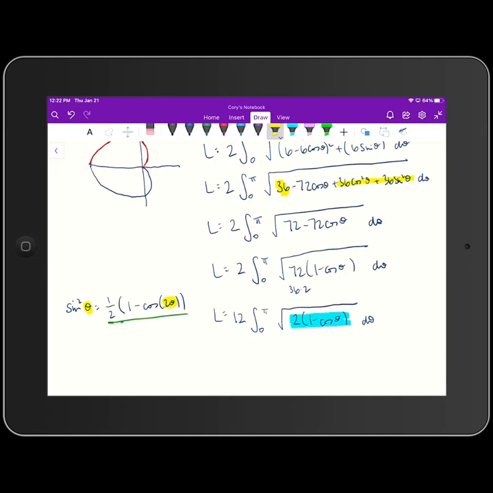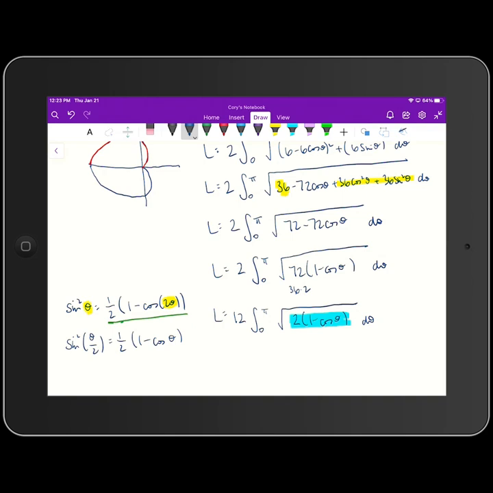What that does is give me the sine squared of theta over 2 is going to be equal to 1/2 times 1 minus the cosine of, again, we're going to divide the argument by 2, so that gives us the cosine of theta. So that looks pretty close to what we have highlighted in blue.